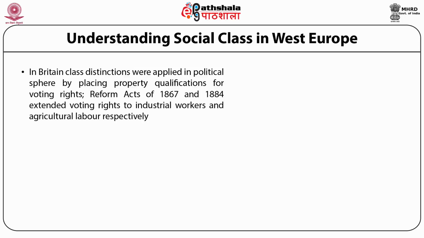And these classes, particularly the industrial workers and the agricultural labor, had to lead a long struggle in order to get their voting rights. The Reform Acts of 1867 and 1884 in Britain are very significant in this regard. These two acts extended voting rights to the industrial workers and the agricultural labor respectively.